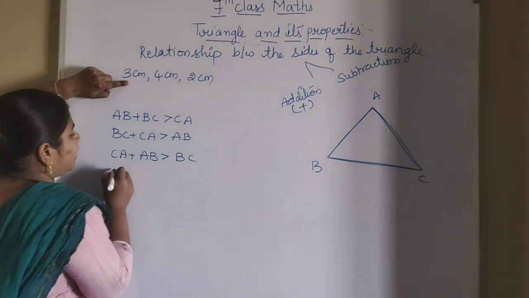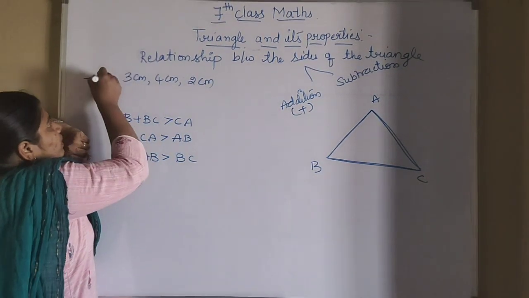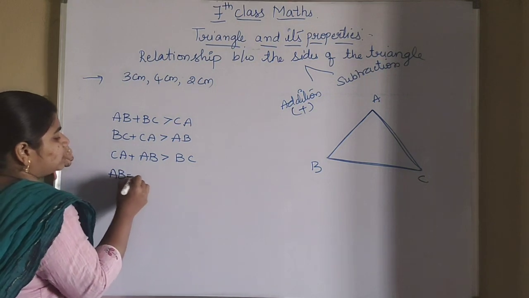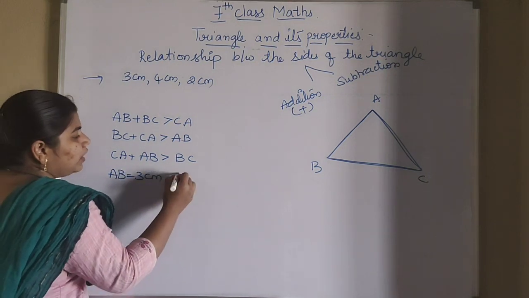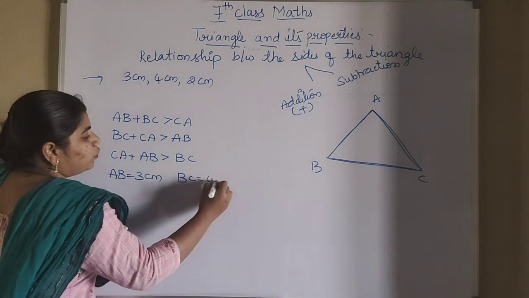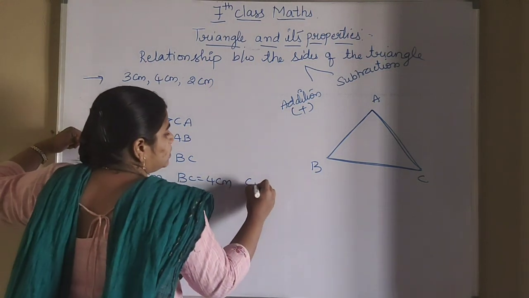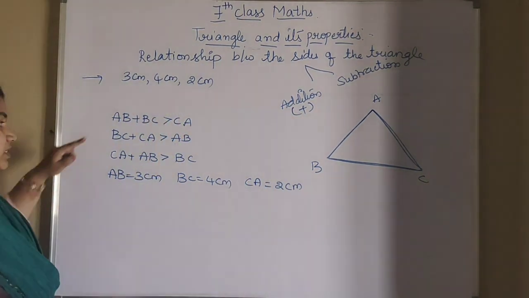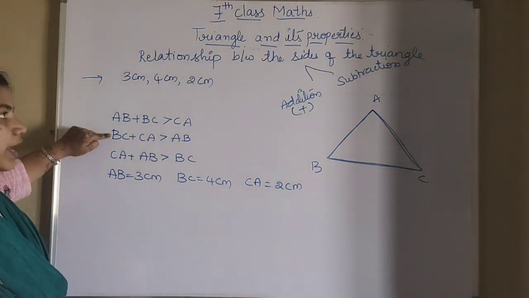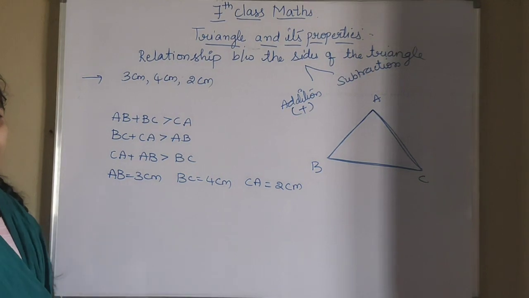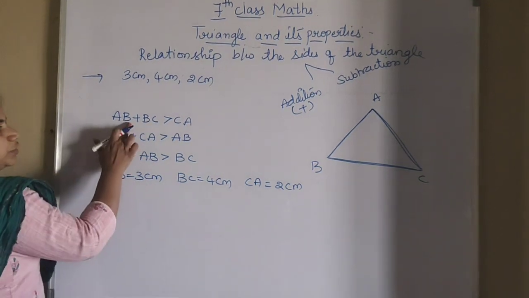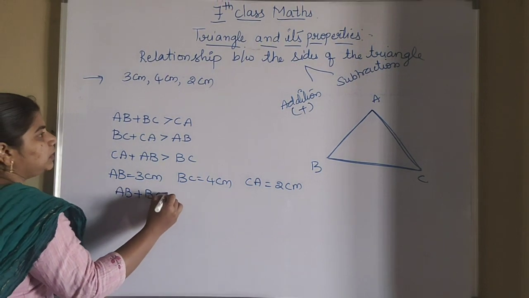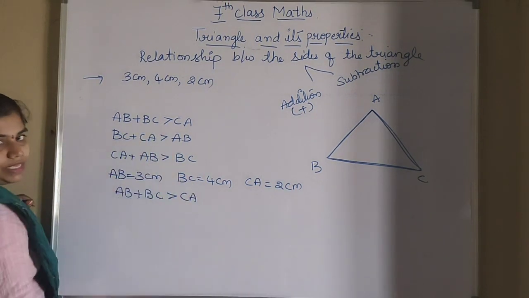I am doing this with a question. I am taking the AB value as 3 centimeters, the BC value as 4 centimeters, and the CA value as 2 centimeters. If these three conditions are satisfied, then only a triangle will be formed. So first condition is what here? AB plus BC should be greater than CA.